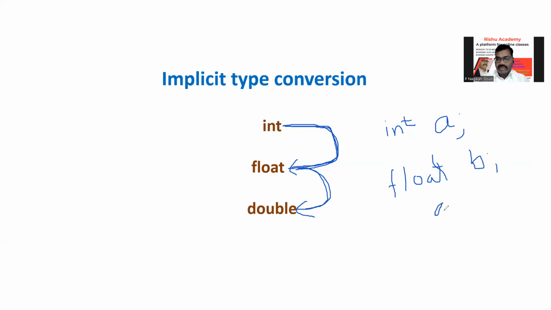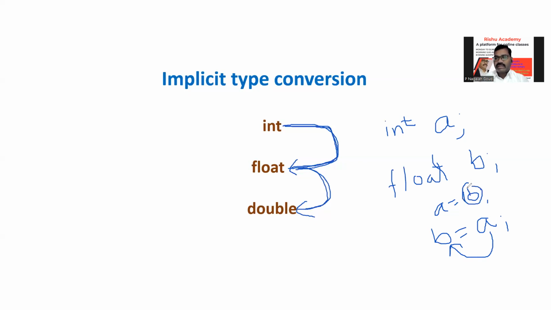Here I am writing a equal to 10. I can directly write b equal to a. Here the a value is assigned to b. A is the lower level variable. Its value is assigned to b. Here a contains integer value 10.